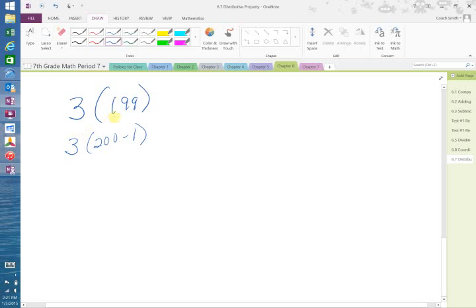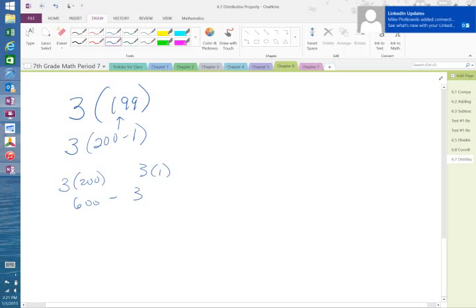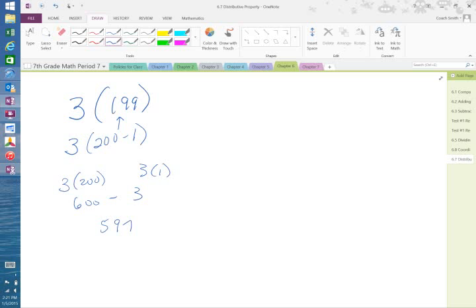What is 200 minus 1? 199. And I said, what is 3 times 200? You were able to do that in your head. That's 600. Minus, what is 3 times 1, which is 3. 600 minus 3, 597. Okay, so that's a way we can use the distributive property to help us solve a multiplication problem.